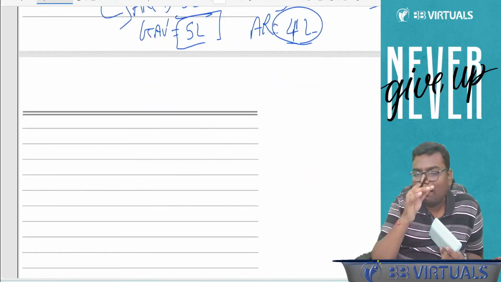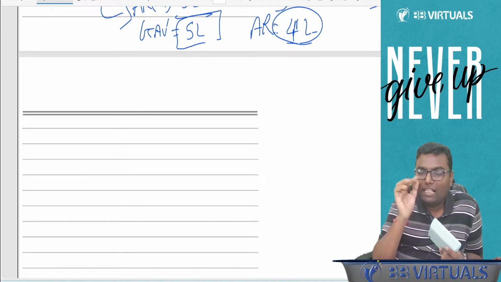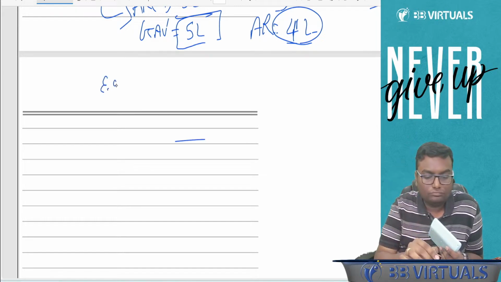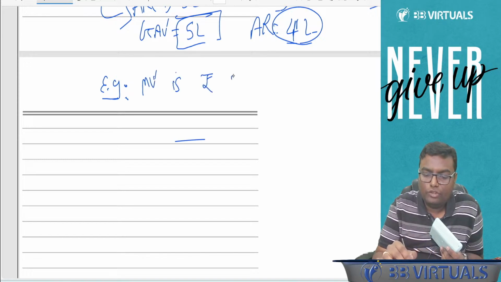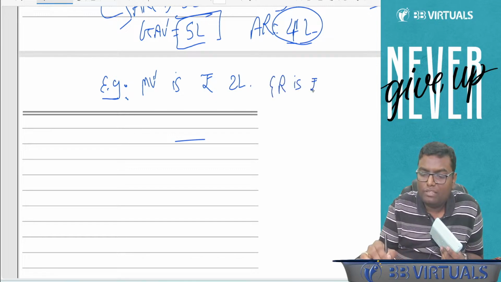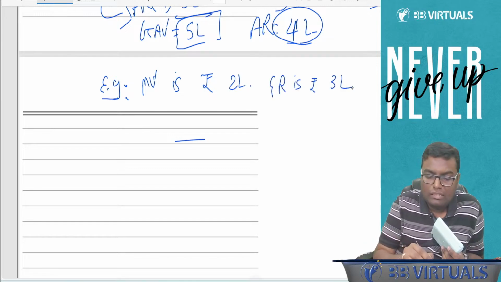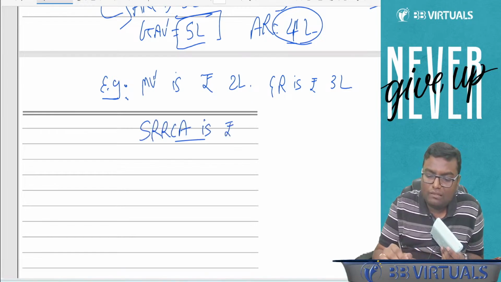That was unrealized rent. Let me give you one example to solve. Municipal value is rupees 2 lakh. Fair rent is rupees 3 lakh. Standard rent as per Rent Control Act is rupees 2 lakh 50,000.